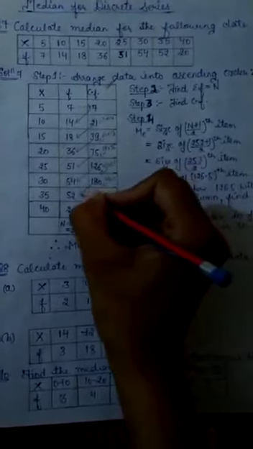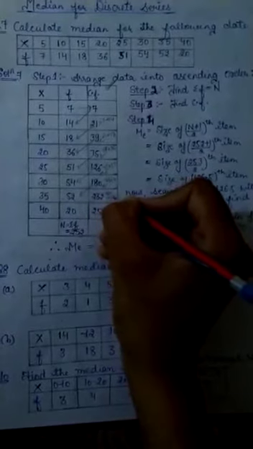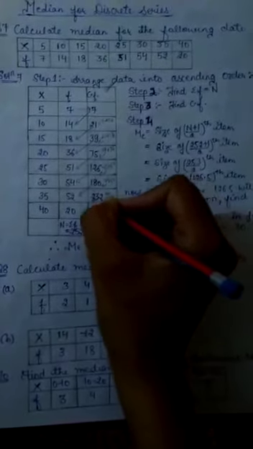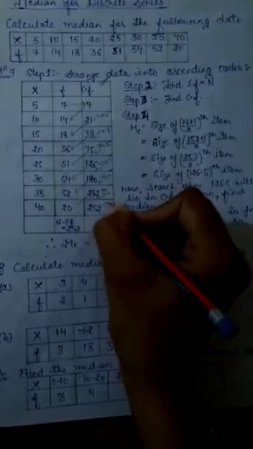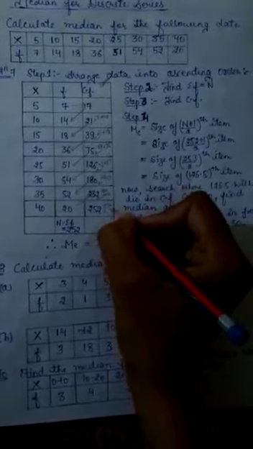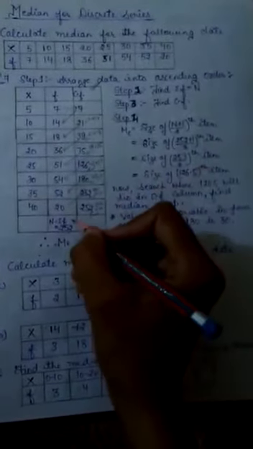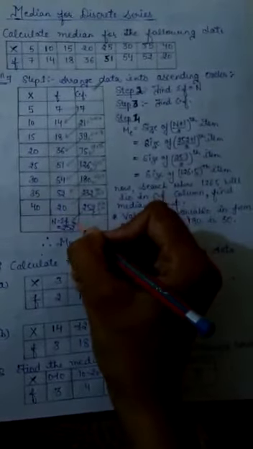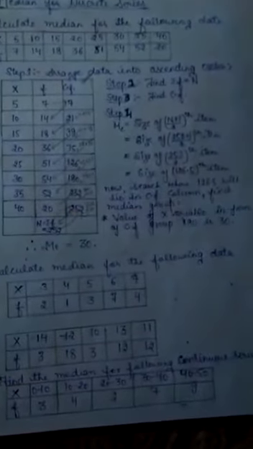And in the next 180 plus 52, it will give you 232. And then this 232 plus 20 will give you 252. Beta, you have to check this. Your this and this total should always be same. It should be the same.